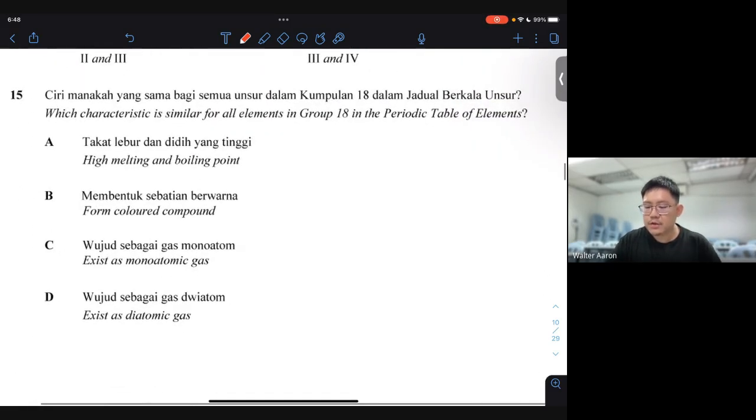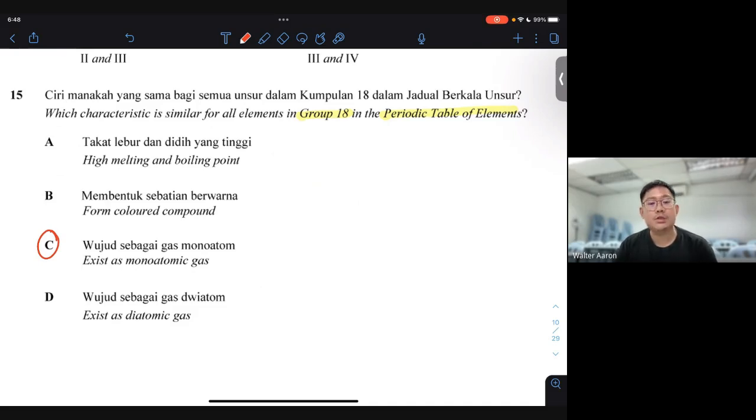For 15, which characteristic is similar for all elements in group 18 in the periodic table of elements? So group 18 elements are known as the inert gases or the noble gases, okay? And there's only one thing which is in common among all of them, that because they are unreactive and they have already achieved stability, they all exist as a monoatomic gas, which is a very distinctive feature that only exists in group 18 elements.